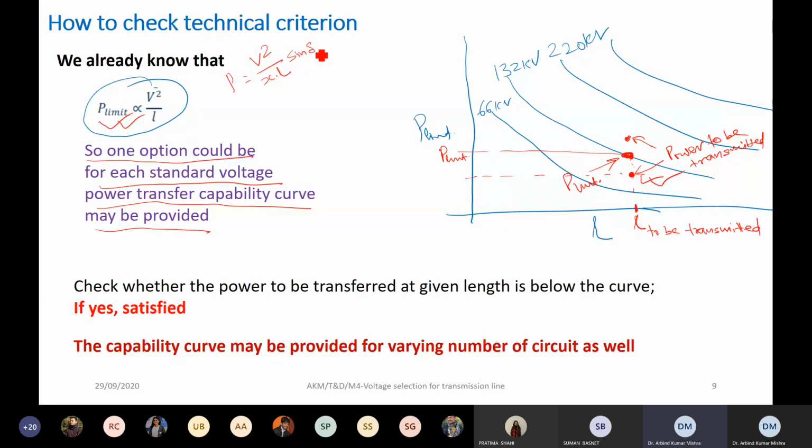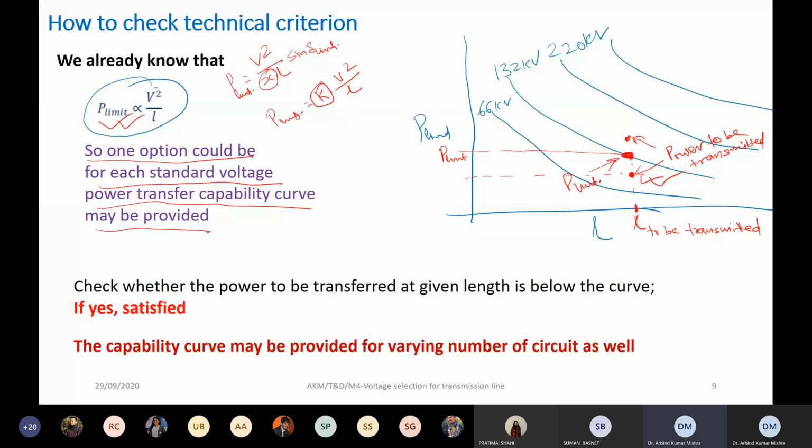We discussed that since delta has a limitation due to the transient stability limit, once we put delta at its limit, P becomes a limit. We also discussed that this X is very much constant, varying in a very narrow range. The inductance varies around 1 millihenry, and X is 2 pi FL of this inductance. So we can say that this P limit is some constant K into V square upon L.